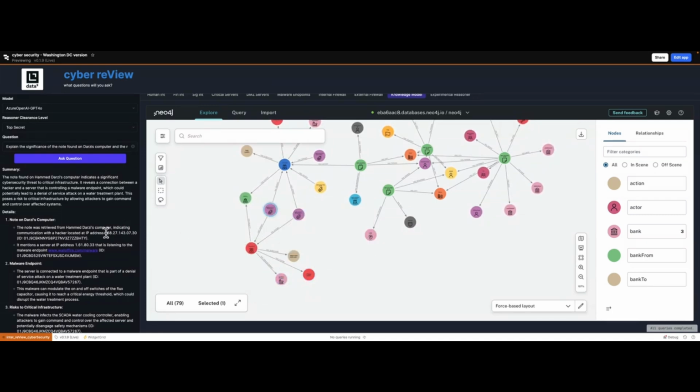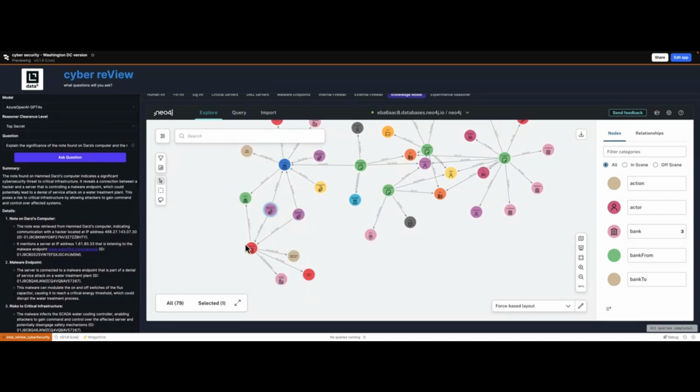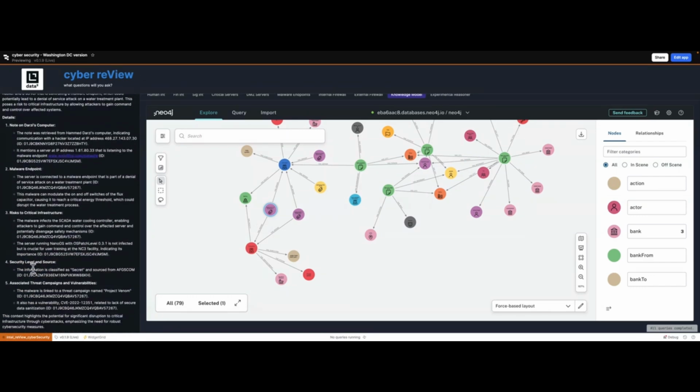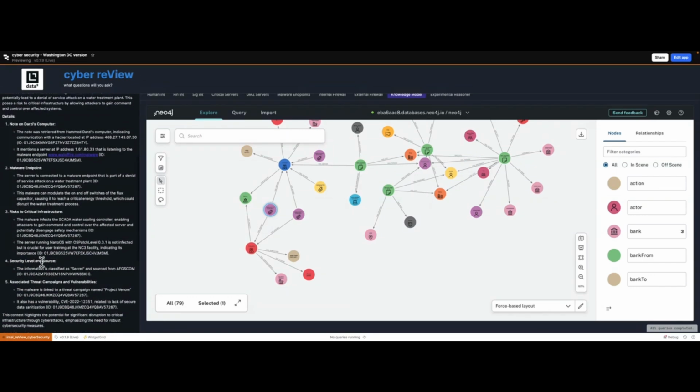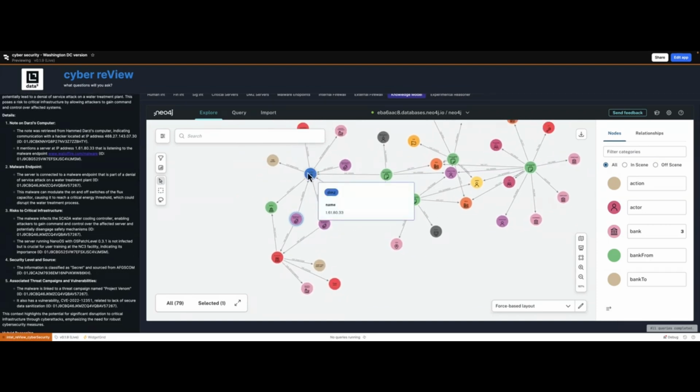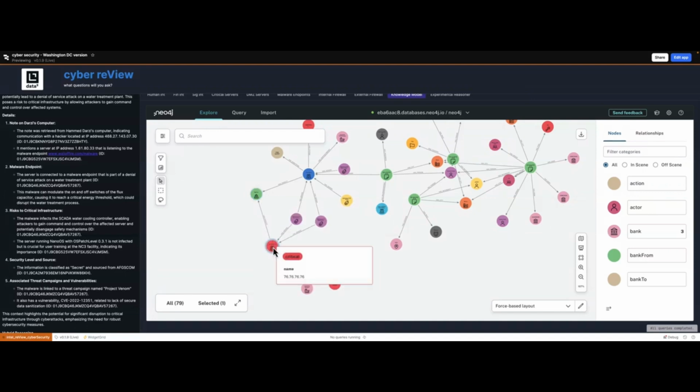So what the reasoner is doing is looking at this graph and the connections in it, and using that to create this summary over here of what it understands about the situation. And there's a whole bunch of nuance going on in the graph. For example, this machine here is that server in the demilitarized zone, and this is the Barfu facility, the nuclear facility that has this critical server here.